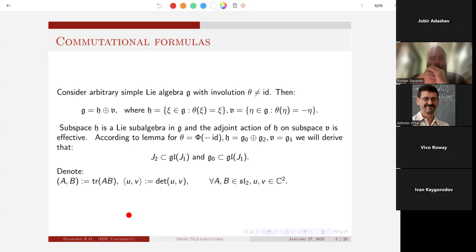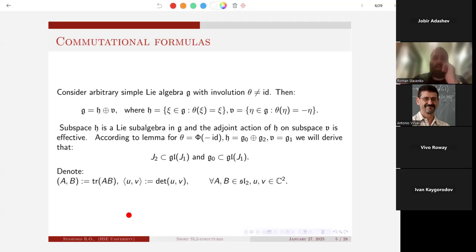So let's consider an arbitrary simple Lie algebra with an involution, which is not identical. Then, as you know, G is the direct sum of the algebra of invariant points and the subspace on which the involution acts nontrivially.